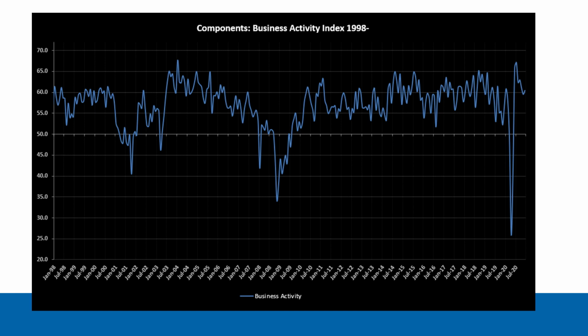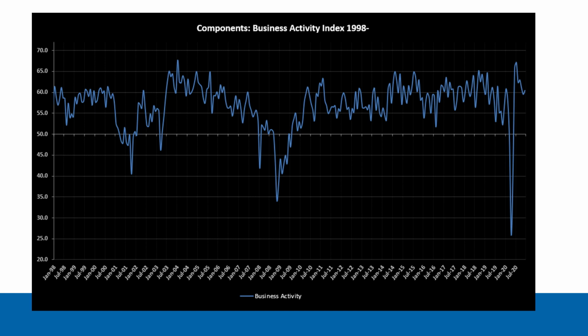And then, as we know, the composite index went below 50 in the Great Financial Crisis, before the financial crisis actually happened. And business activity nosedived as well at the end of 2007, beginning of 2008, and took quite a while to recover after it nosedived again later in 2008, after spending some time back above 50.